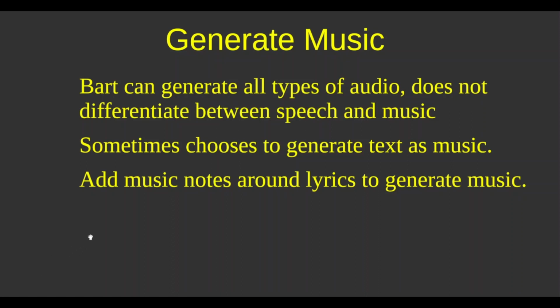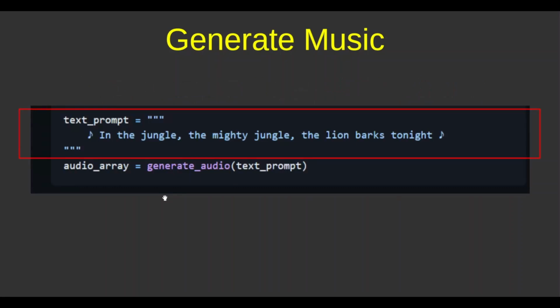But one can also add music notes around lyrics to generate music at will. Let us look at an example here. We have these 2 music notes around the prompt to suggest to it to generate music. Let us listen.